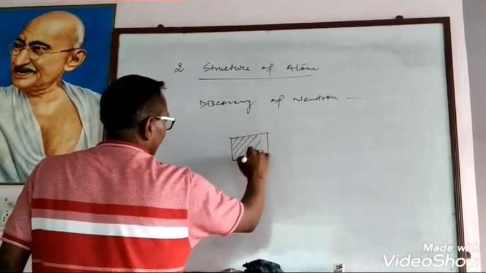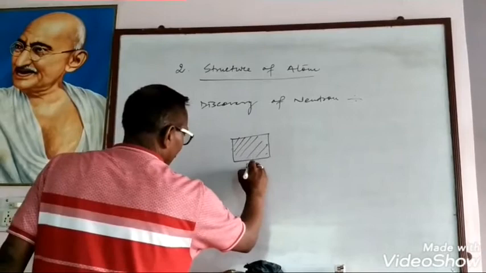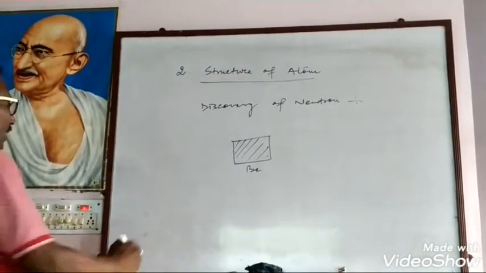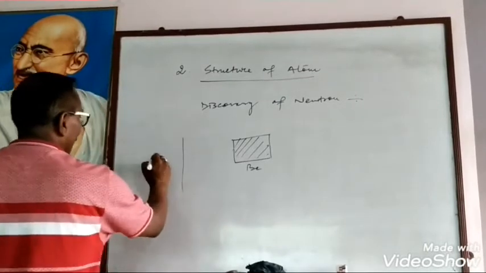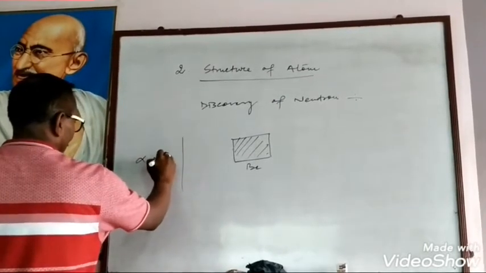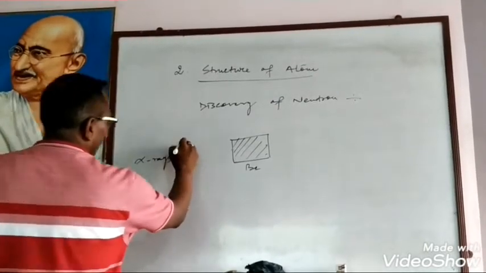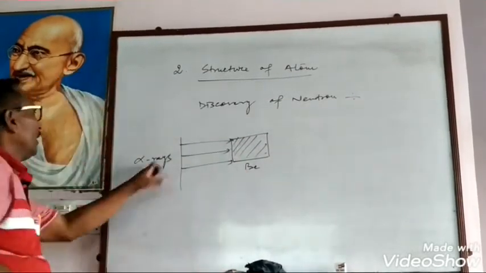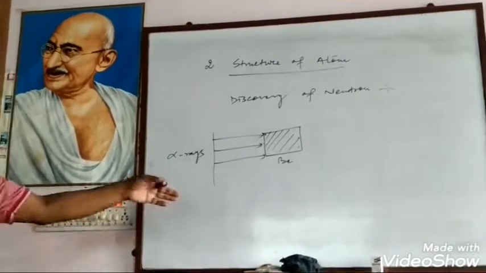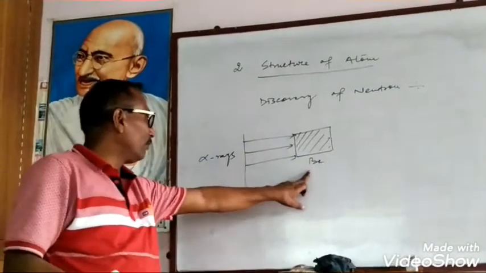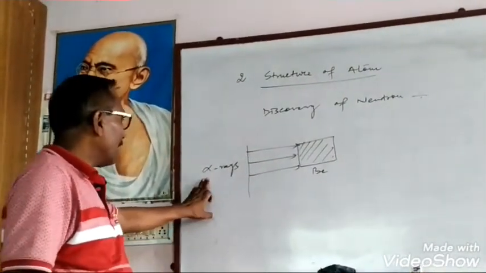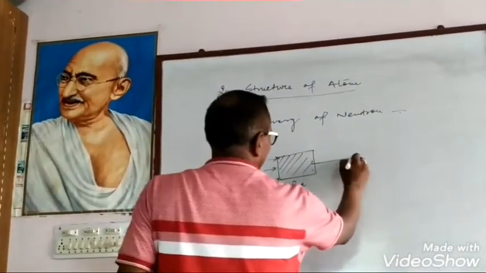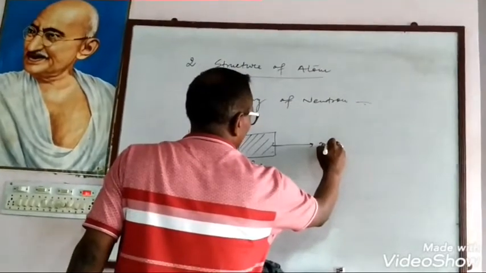Here is the sheet of beryllium metal, and here we have to bombard it with alpha rays. So the sheet of beryllium is bombarded by alpha rays to get neutron.